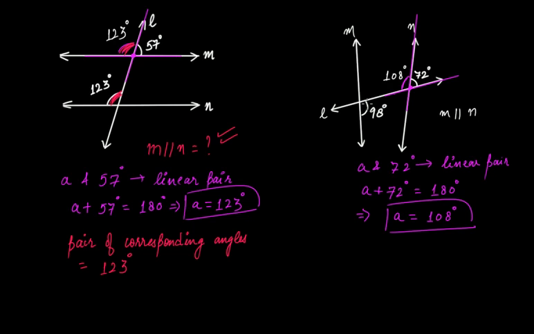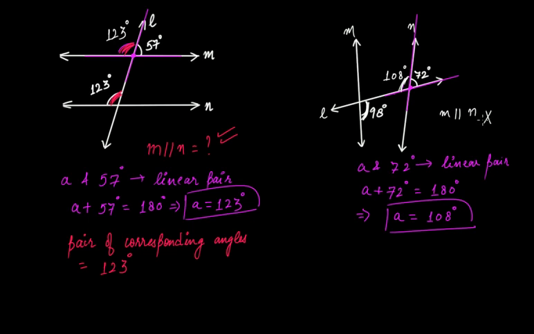Now this angle and this angle are alternate internal angles, right? And since these two angles are not equal, because one is 98 degree and another is 108 degree, we will say that lines M and N are not parallel.